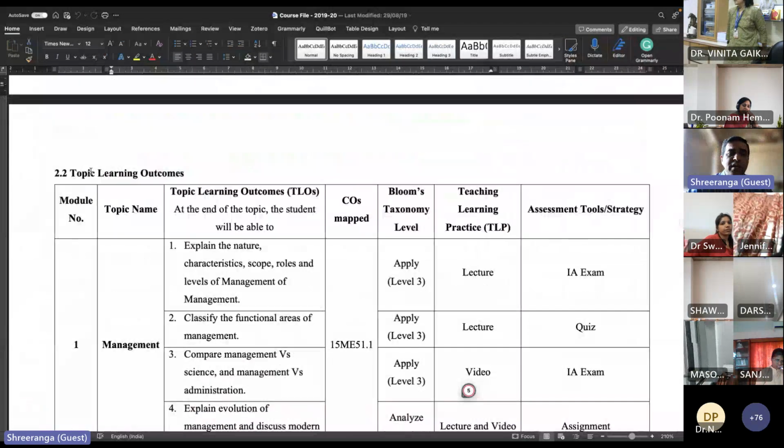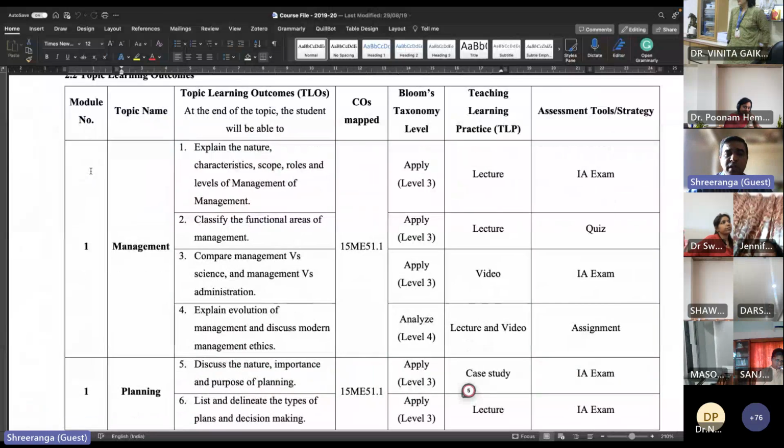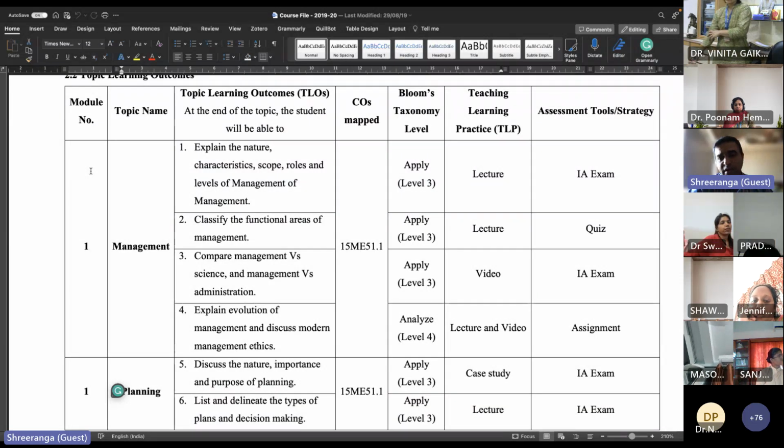If you create a document like this, it's going to become a knowledge management system in your college, where anybody can use this particular sheet for the next semester, or when the subjects are repeated, they can utilize it.